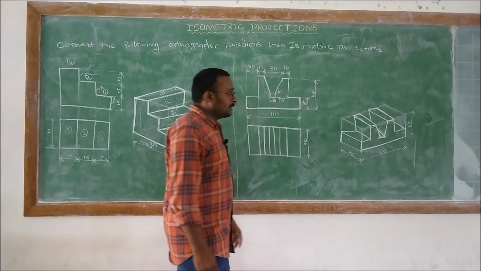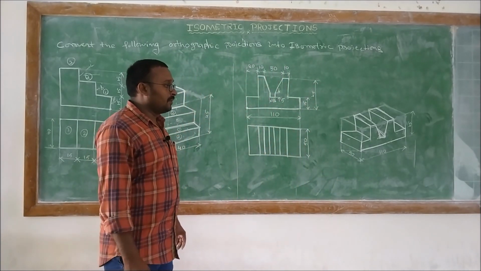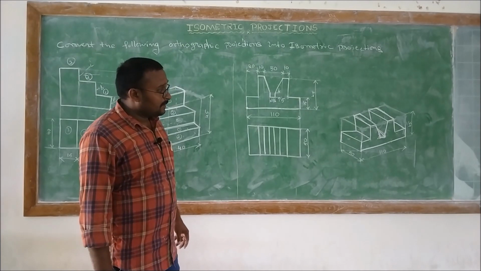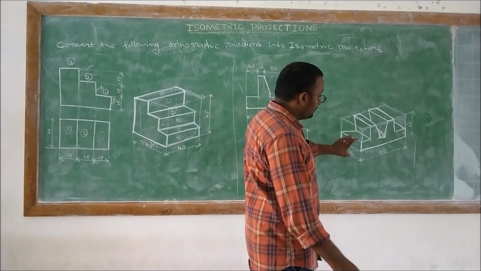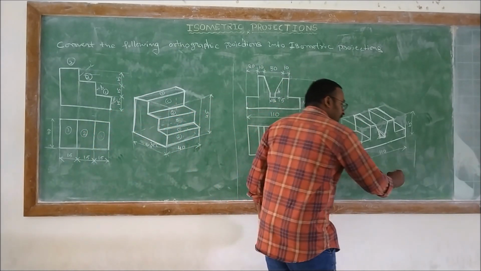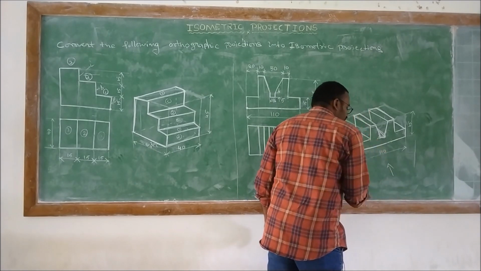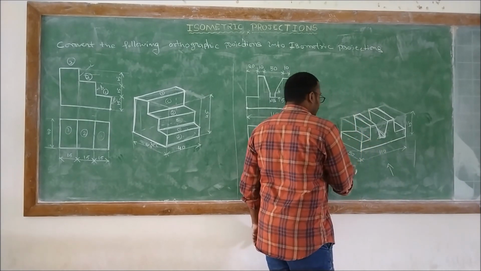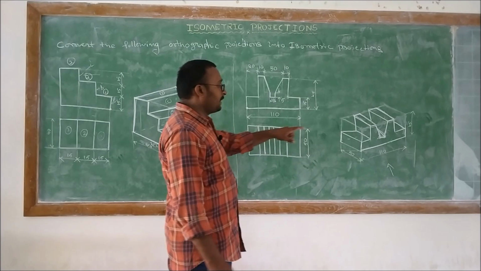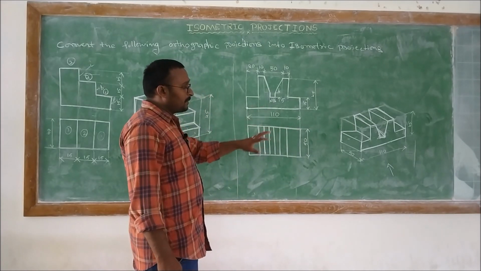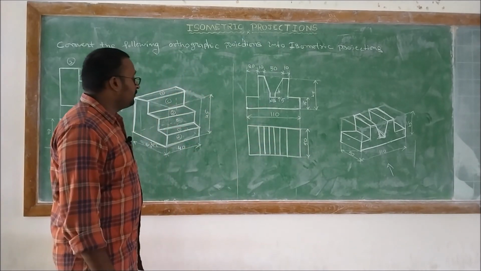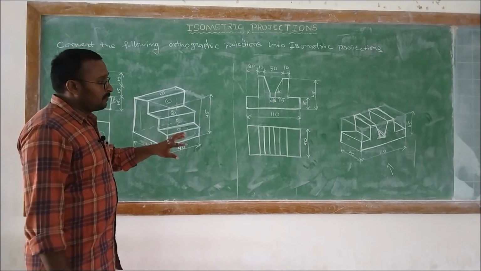Right, so here it is the isometric view of the given problem. Directly, when you see from the front view, in the problem itself they will sometimes give the arrowhead. So this is the front view, side view and top view of the given problem. This is the way we need to convert.